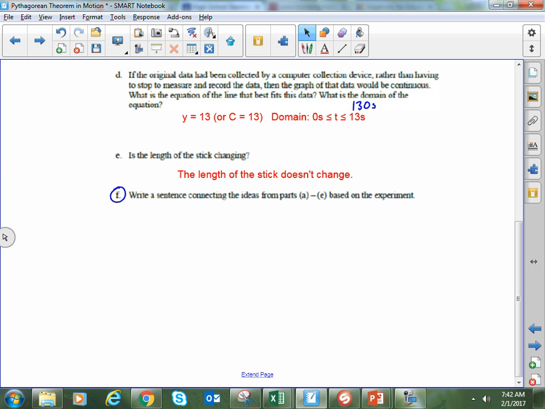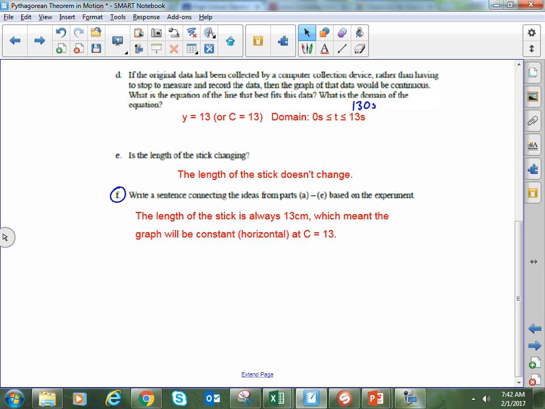Be able to do a little bit of math, draw some conclusions, and ultimately form some overarching connection here. What I have here isn't a huge one, but it says the length of the stick is always 13 centimeters, which means the graph will be constant horizontal.